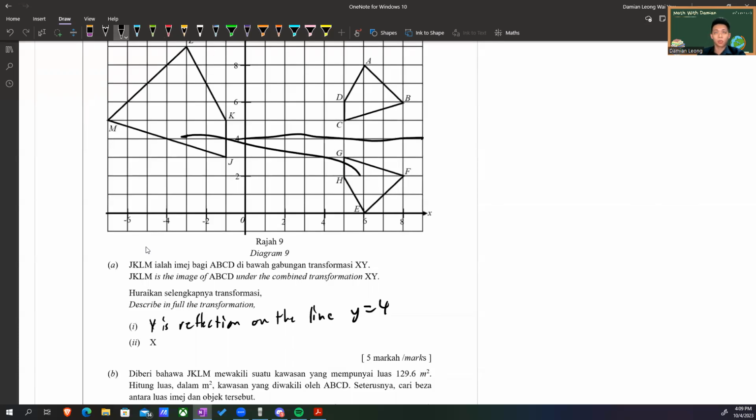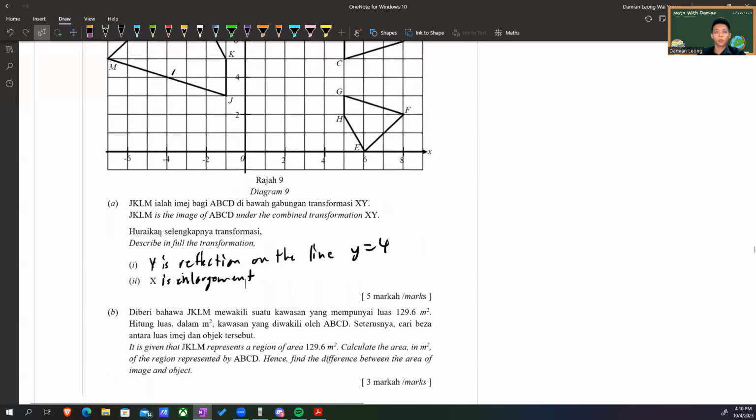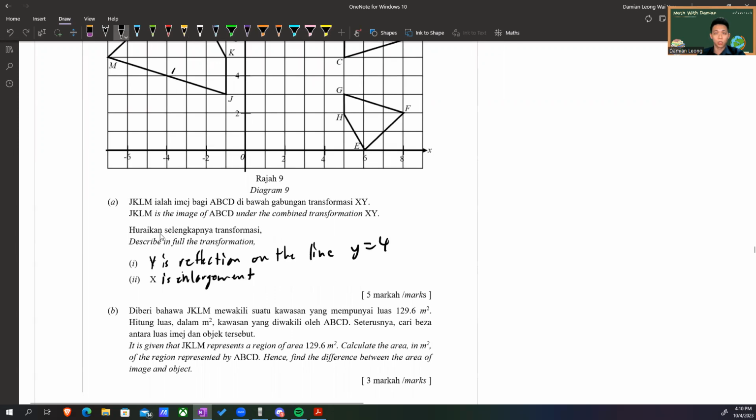While X is from this to this, so definitely it is enlargement. They like to give you the image in between, so do use it instead of trying to figure out two steps. We can just figure out one step by one step. So it's an enlargement with scale factor of, you look at the size, double the size, opposite direction, so scale factor -2.